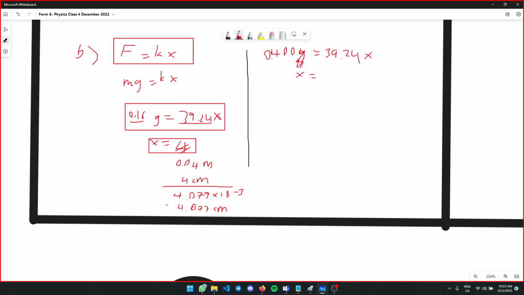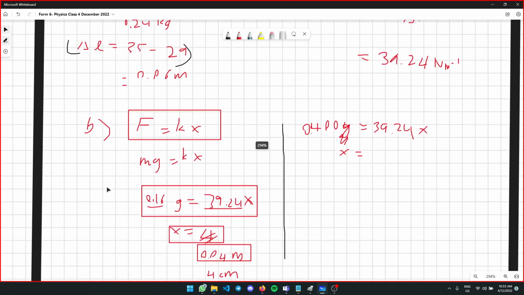You don't get this? I get 0.04. Why did you write 0.16? Kilograms, SI unit. 0.24, right?